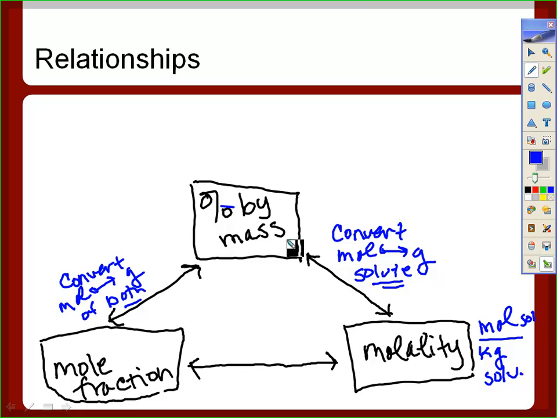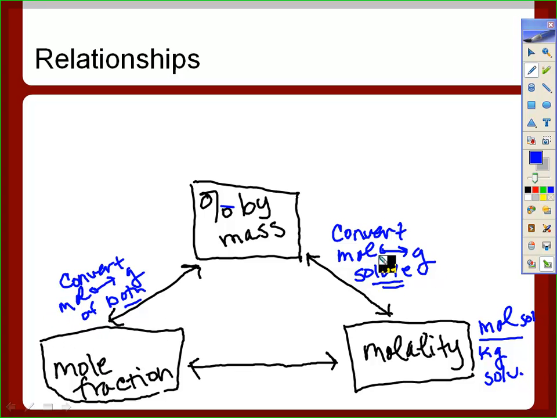So by percent by mass, you should already be able to figure out the mass of your solvent. So you don't have to do any converting, you just have to figure out what it is. But you just have to convert your top part from the grams in the mass to the moles of the molality, or vice versa. Here you have to do by both, because this is grams over grams, this is moles over moles. Here you just have to do it for your solute.